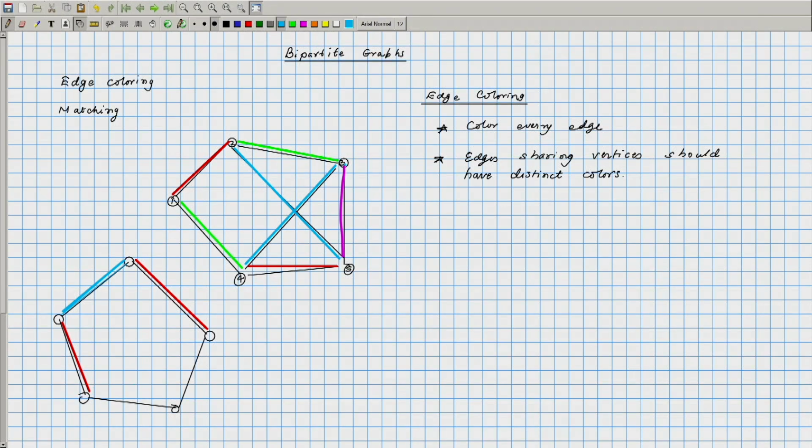If you use any other color, you are exceeding the number of colors, but there are two neighbors, and both of them cannot be given blue color because of the construction of this graph. So, in general graphs, you can construct examples where max degree is not equal to the number of colors required to edge color. So, we can summarize that the following way.